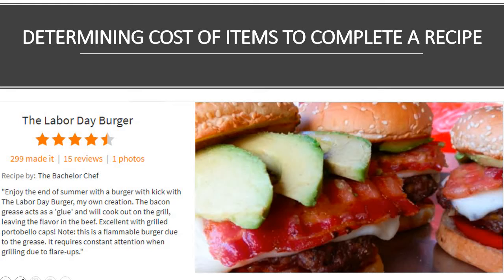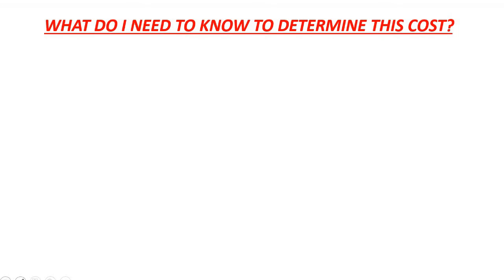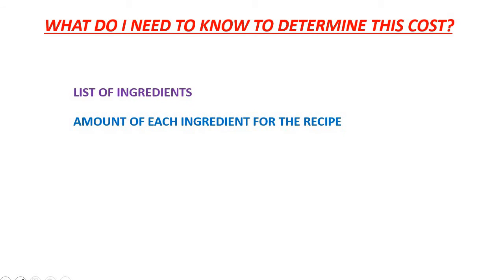We're going to determine some things right off the bat, such as, what do I need to know? If I'm going to determine the cost, what do I need to know? Well, first off, I need to know what ingredients I'm going to get. Secondly, I'm going to need to know as well how much of each thing I'm going to need.